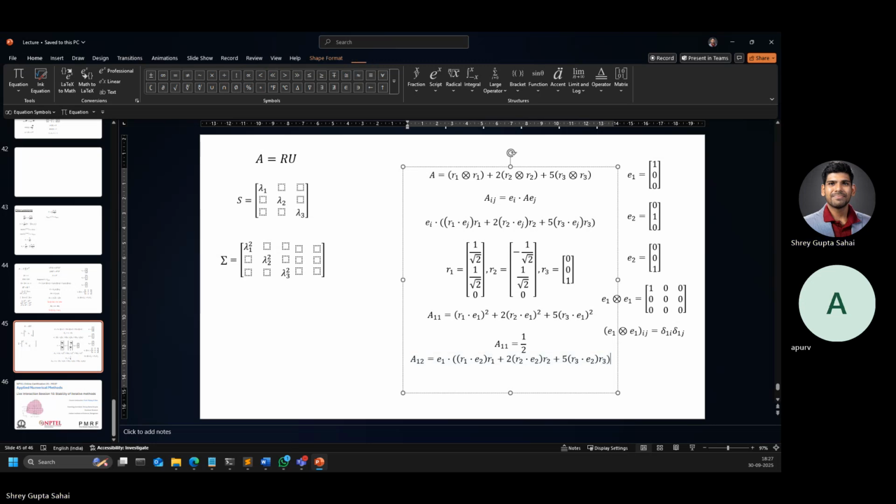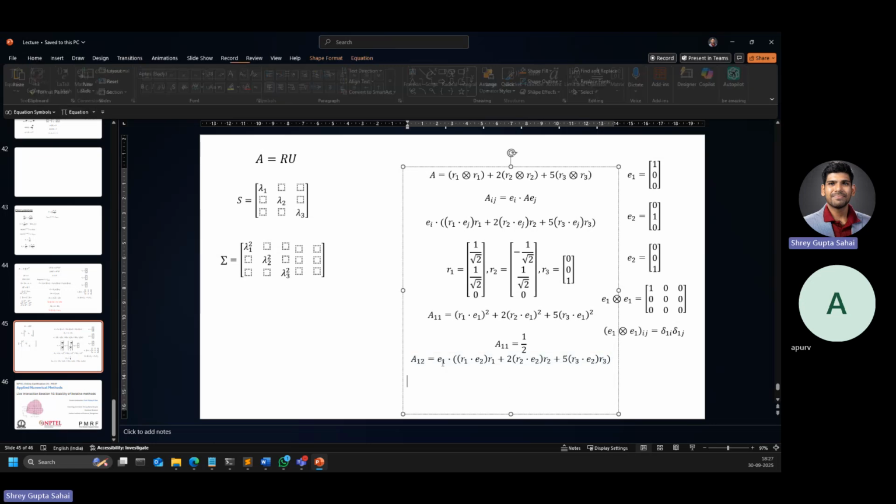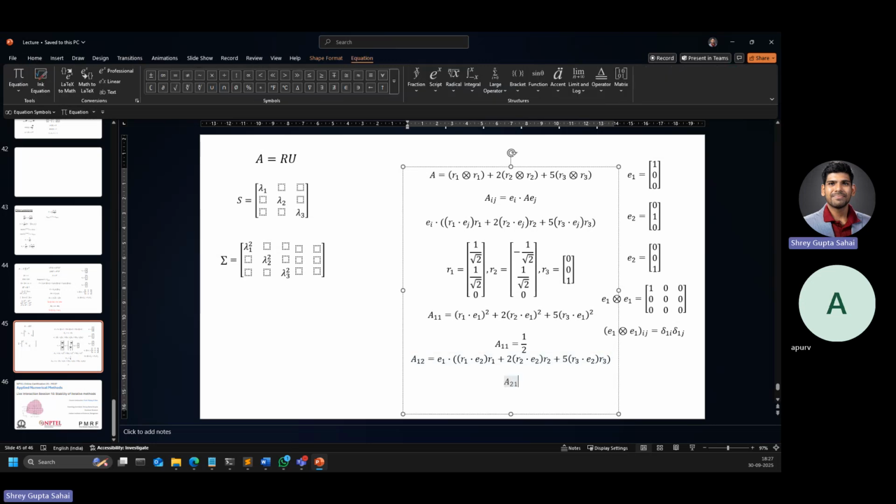Okay, and then what you're going to get is A21: R1 dot E1, and then multiplied to R1 E2.